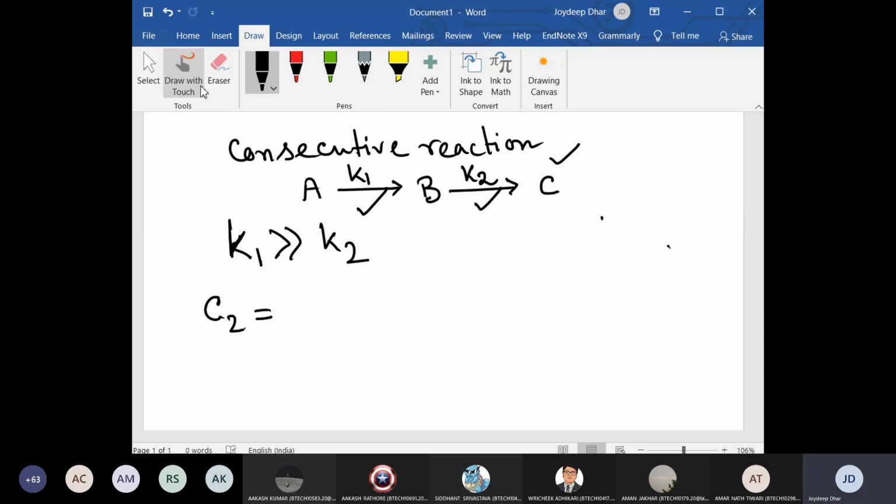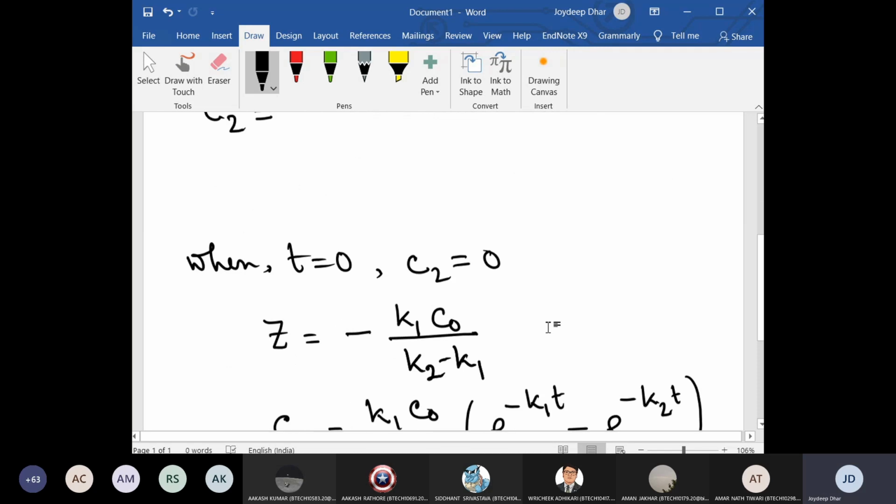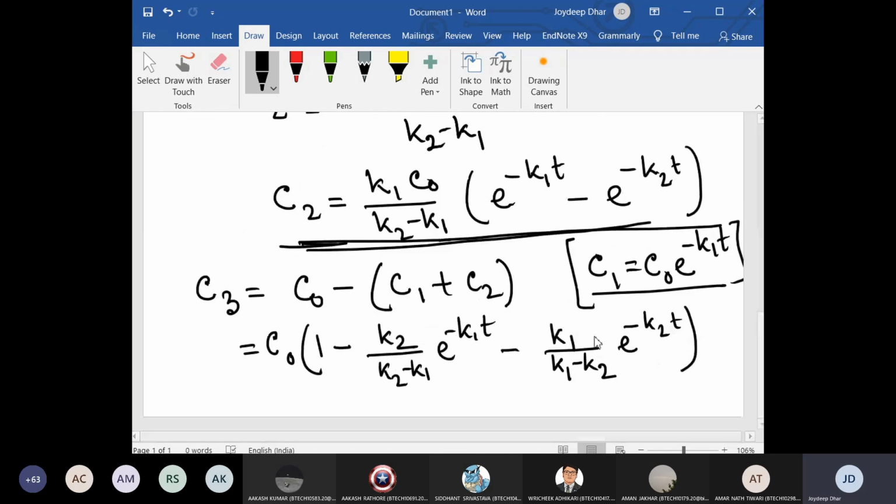So that concentration, I can get it from this final form. You can see C2 and C3, these two equations are important.